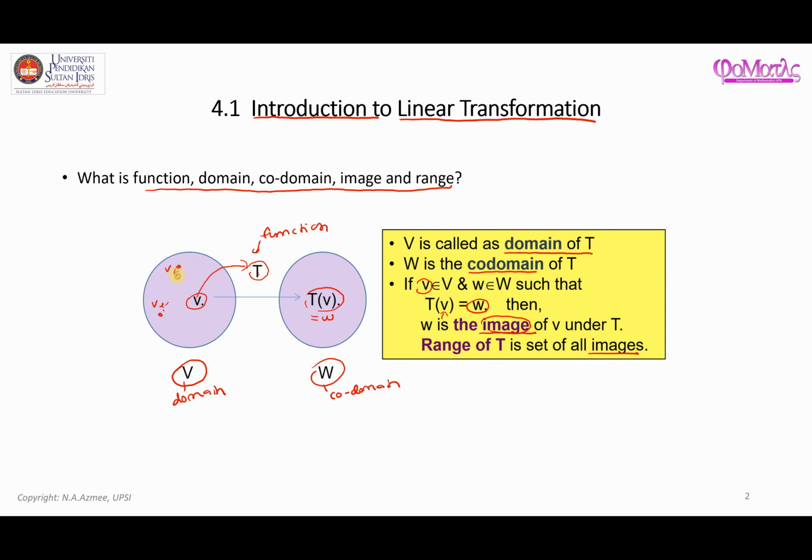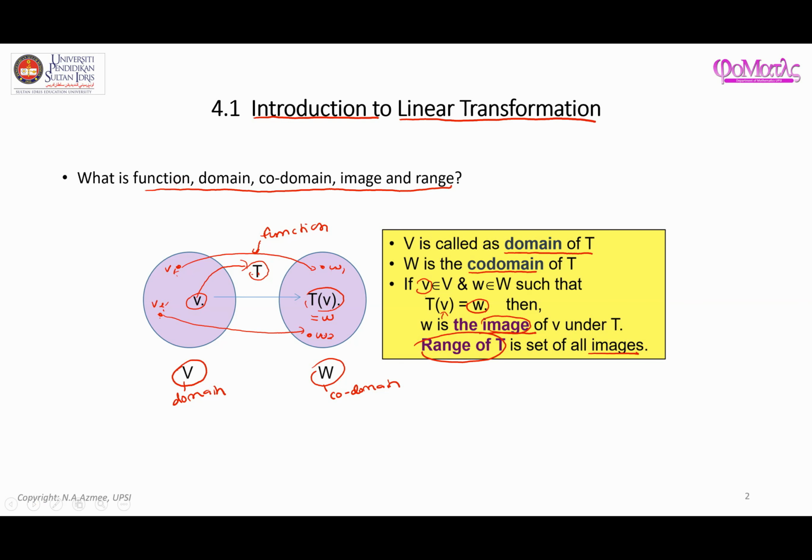V1, if you supply it into T, could be mapped to W1. V2 could be mapped somewhere here. The set of all images is called the range of T. So that is the idea of function, domain, codomain, image, and range.